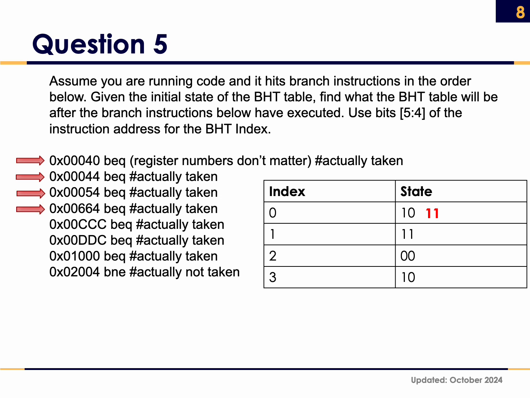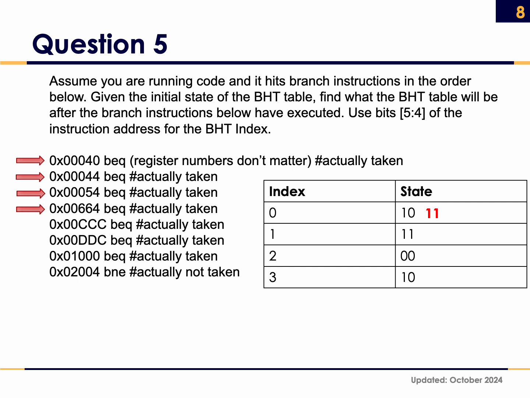So then we go to the next instruction, and this is 0x00664. So its bits 5 and 4 would be the values 1, 0. So since it's 1, 0, that's 2, and it's actually taken, which means we need to update this.